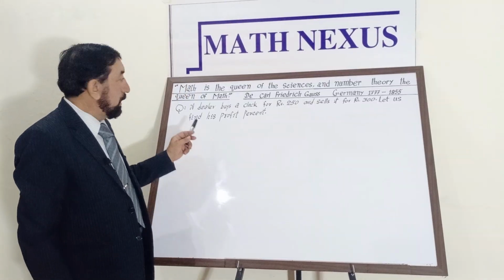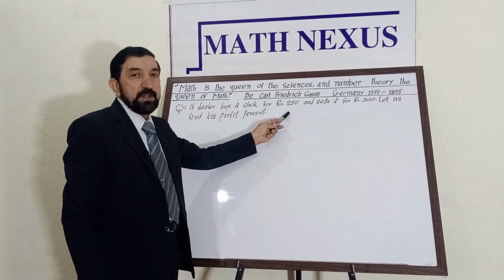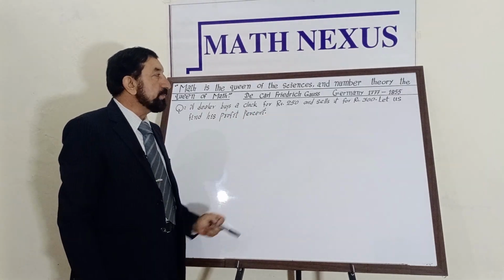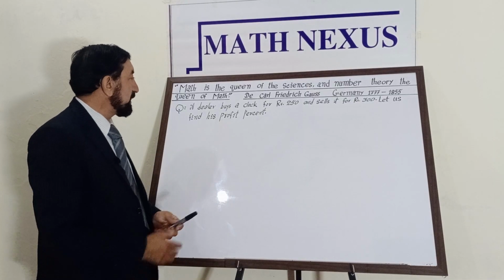Look at the question. A dealer buys a clock for rupees 250 and sells it for rupees 300. Let us find his profit percent.